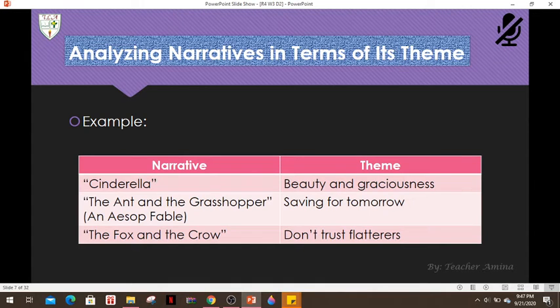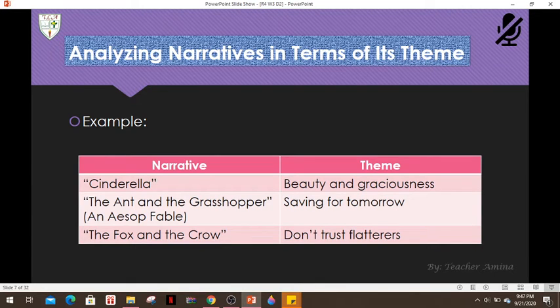The next narrative is the ant and the grasshopper. It's an Aesop fable. So we know right away that it's a fable, which means the moral lesson was stated at the end of the story. The story is about the ant preparing for the storm, and the grasshopper wasn't preparing at all. He was just playing around.